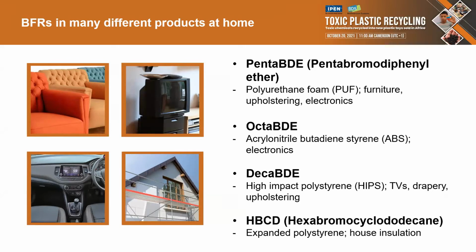Octa- and decabromodiphenyl ether were used, for example, in plastic casings of electronics, televisions, and house heating systems. Hexabromocyclododecane was used in expanded polystyrene in our house insulation. Brominated flame retardants became omnipresent, and we are heavily surrounded by items treated with them until today.